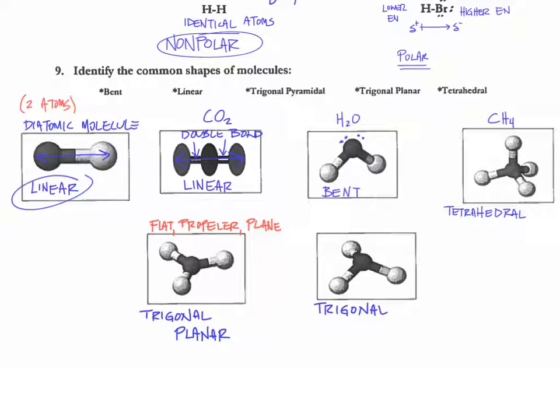On the right, this one is also, well, by process of elimination, we know what it is, but it's got 1, 2, 3, so it's trigonal. Here's my center atom. Just by looking at it, if you can imagine, it looks like this one is raised up a little bit.